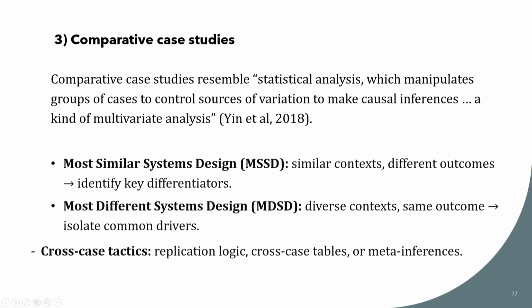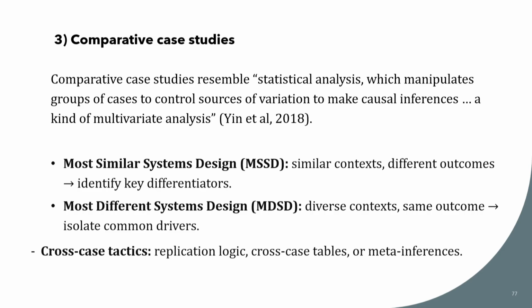Then moving further, the third type of method is the comparative case studies. Comparative case studies place two or more cases side by side to control variation and draw stronger causal inference. Two common designs are followed.